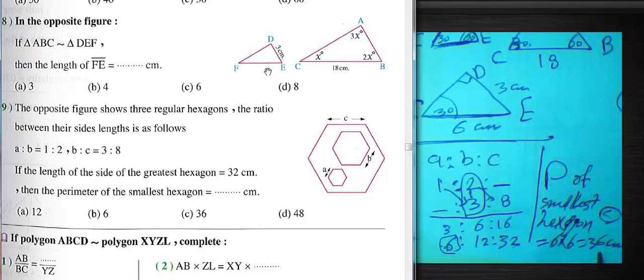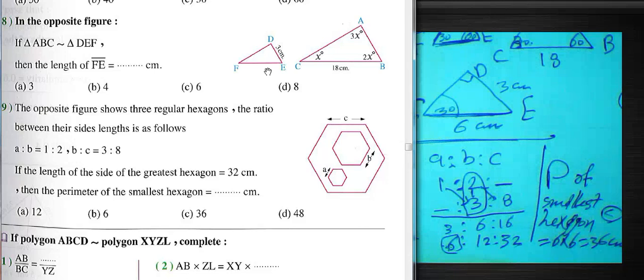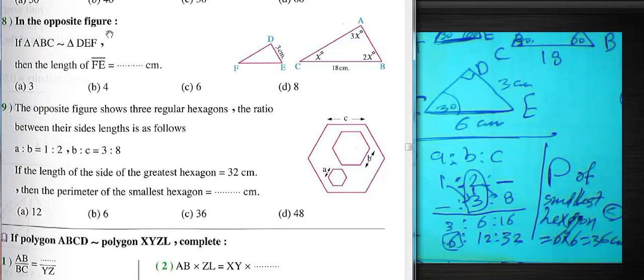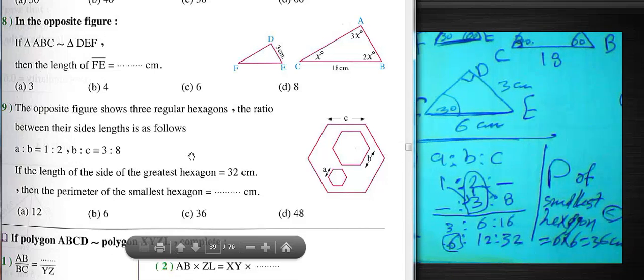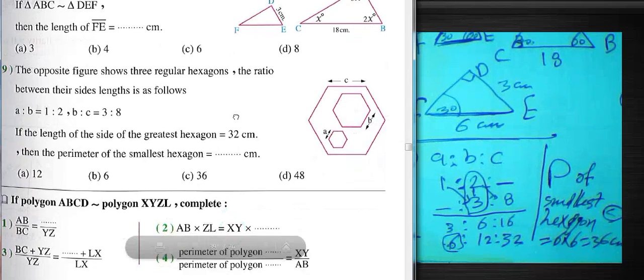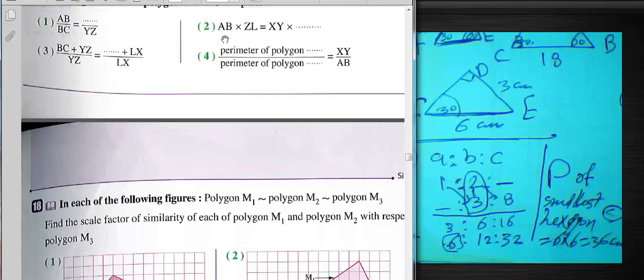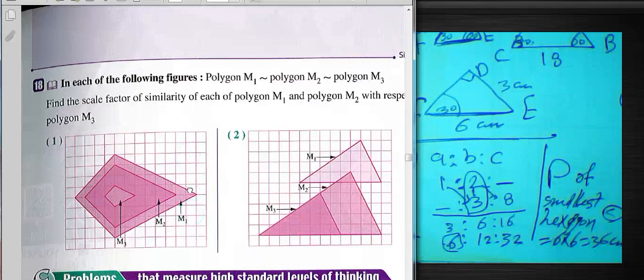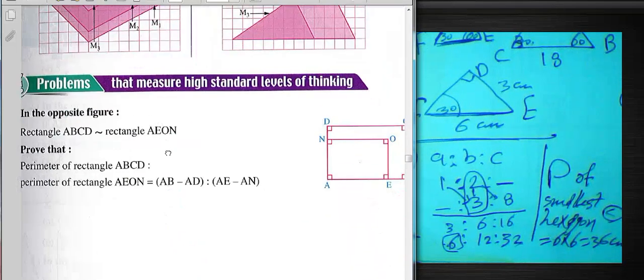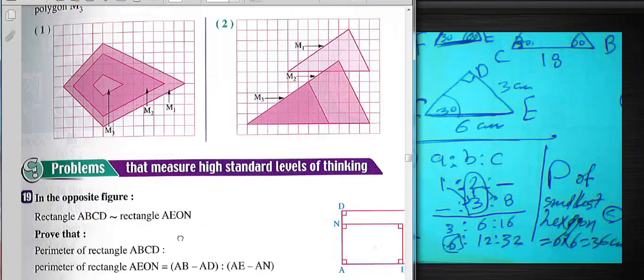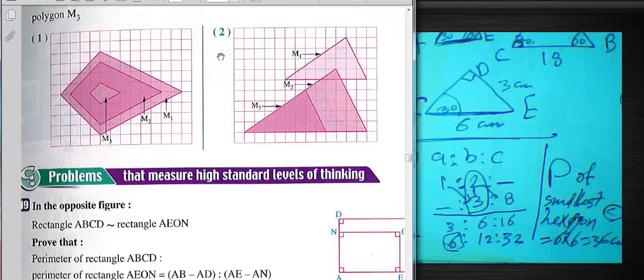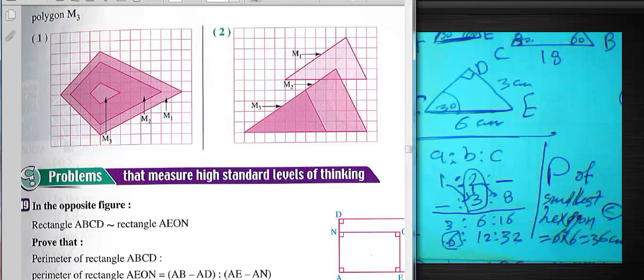Did you understand this question? You must solve it; you will complete this in your homework. Thank you, my students, for listening to these questions. You must understand them.